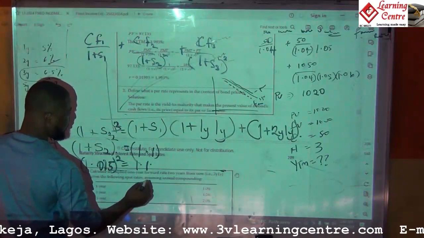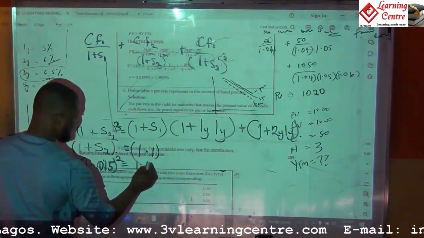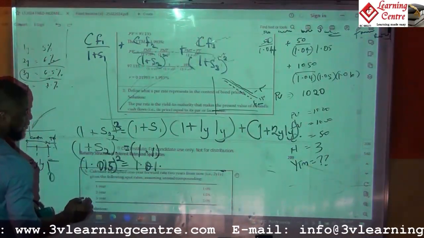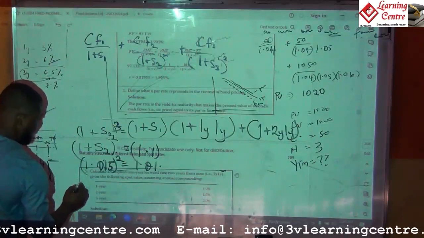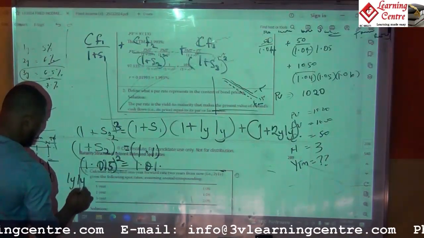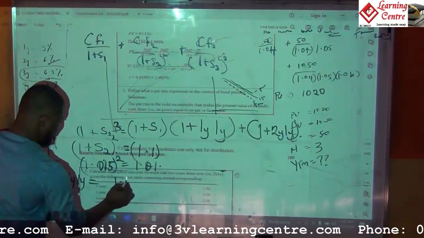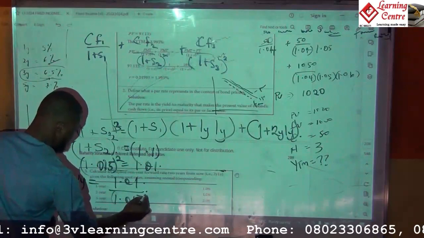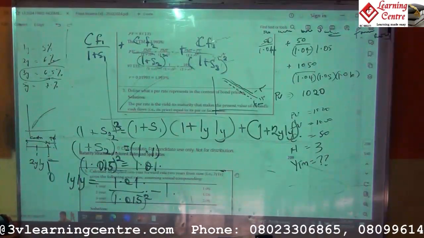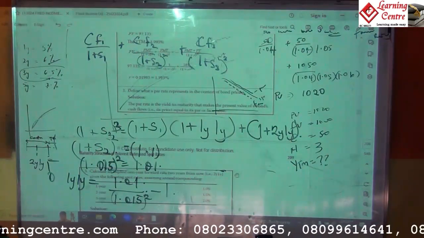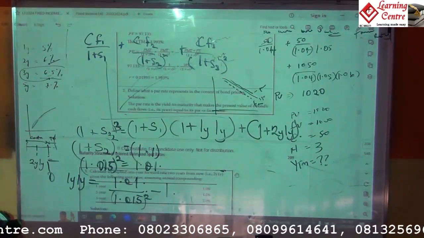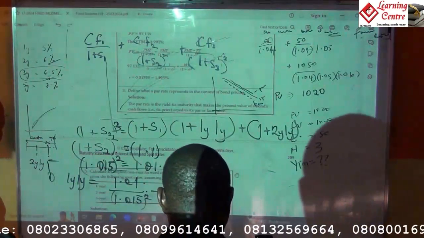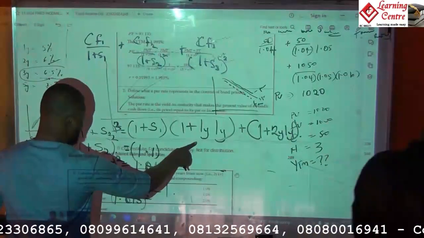It's 1.01. That is 10%. So now 1 year, 1 year plus 1.01 plus 1.01. Right? Because my 1 year is on this side.